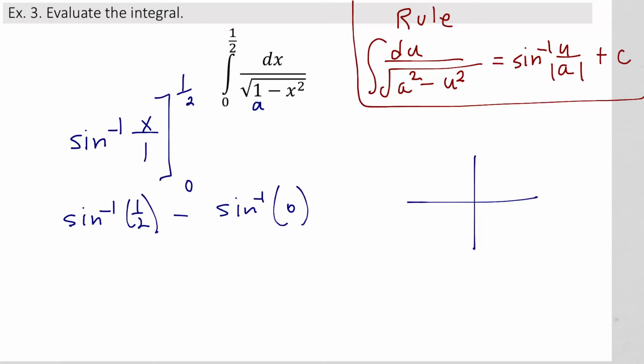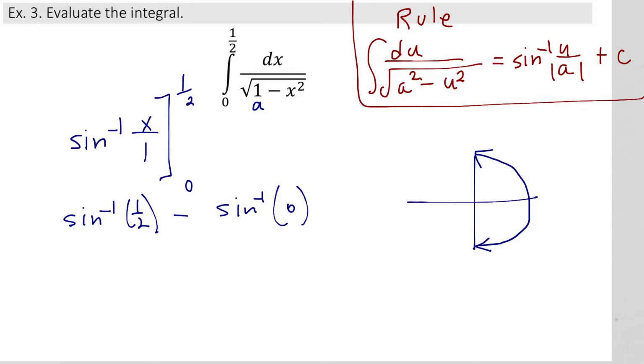So what that means is, what is the angle who has a sine of 1/2? Now, when you're evaluating inverse trig functions, especially, we have to be careful of the domain. So the domain is between negative pi over 2 and pi over 2 for the inverse sine function.